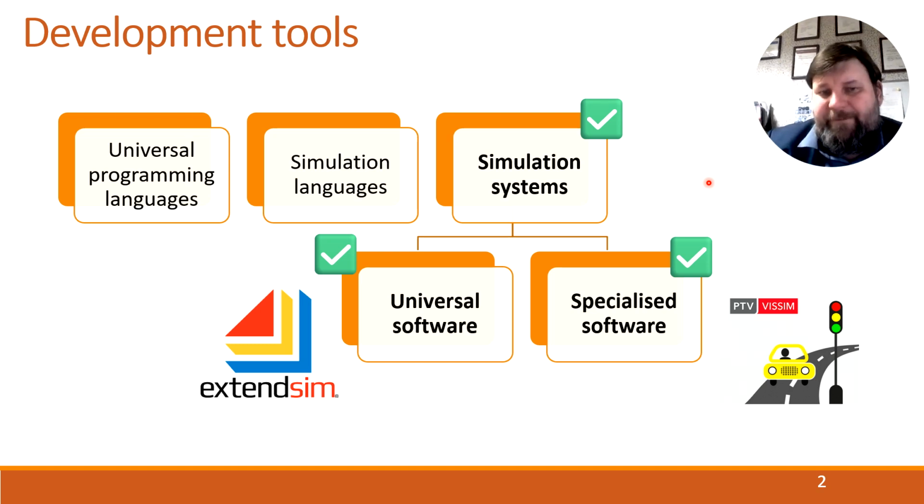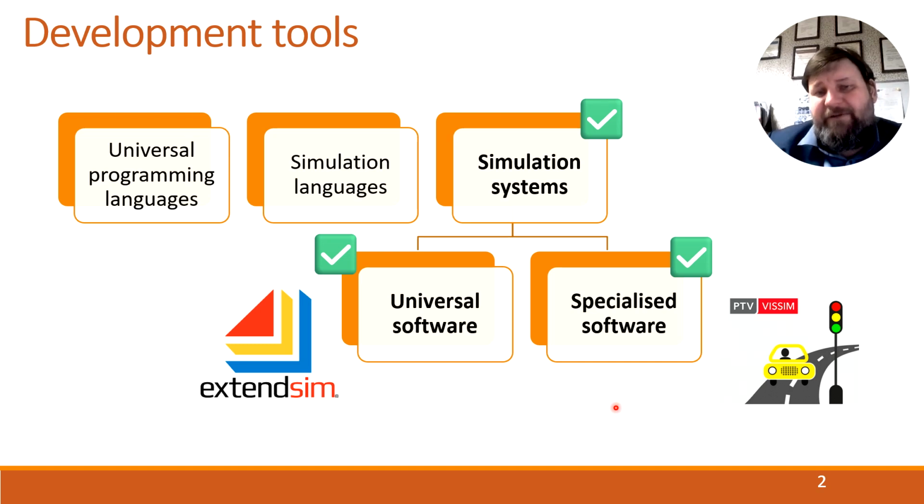Using universal software, it is possible to simulate any kind of system. As you see, here I have one logo. Again, guys, it doesn't mean that only one tool exists. There are plenty of them, but in the frame of our course, we are going to utilize ExtendSim simulation software.